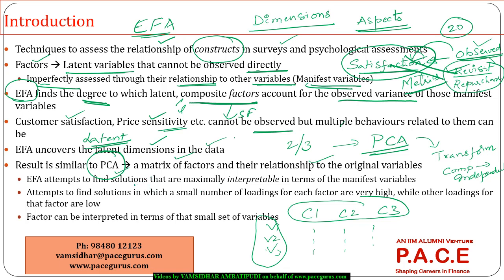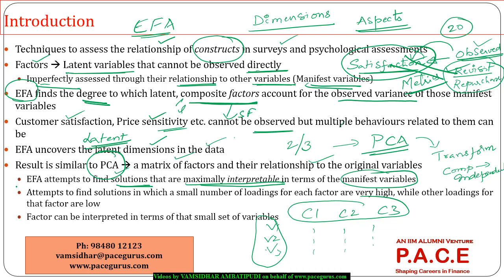But the major difference is the solution, I look at it in terms of the manifesting variables itself. Maximally interpretable. To whatever extent I want to interpret my solution, I interpret it to a large extent in terms of the original variables itself. The latent variables are in turn manifested using the original variables, and whatever solutions I am looking at are talked about in terms of the manifesting variables itself.